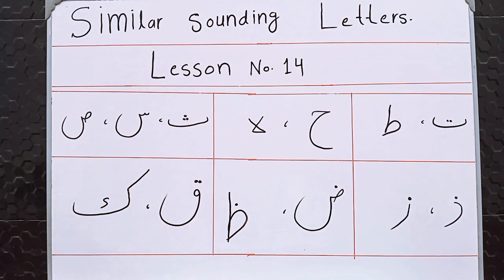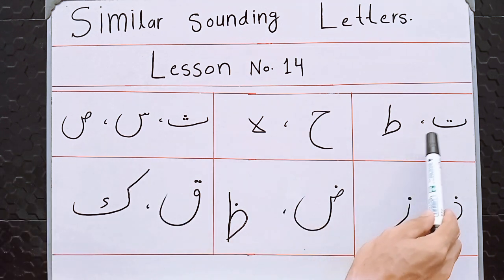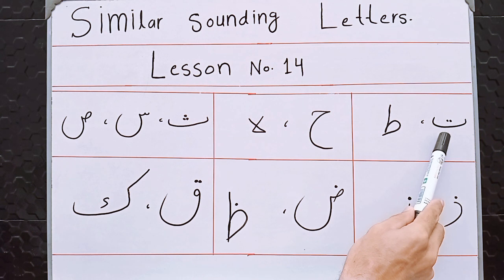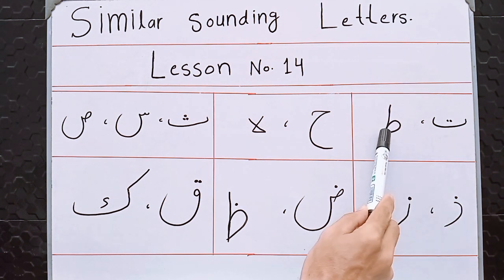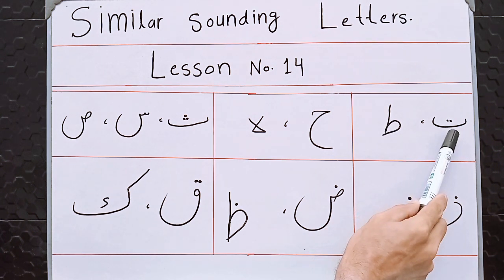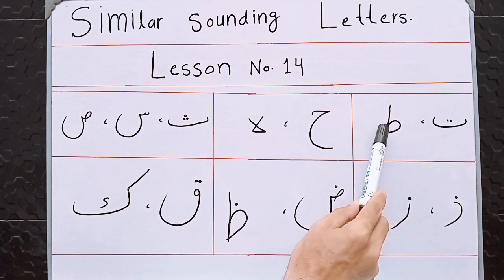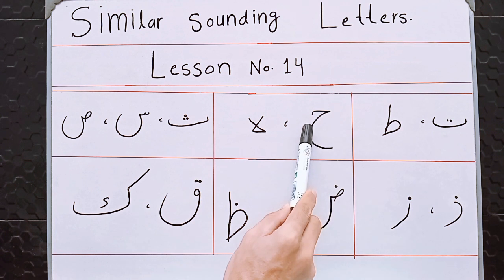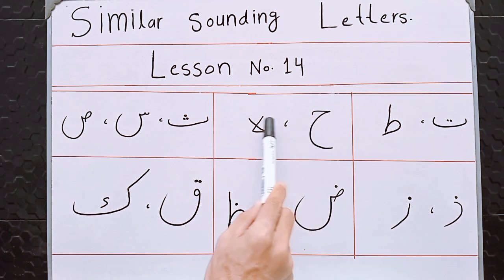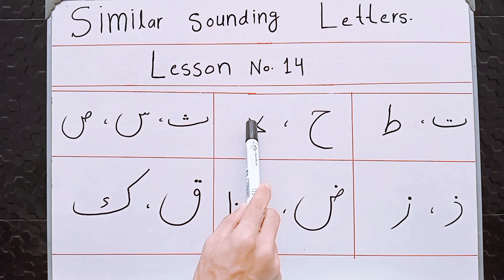So my brother and sister, now I read again, so you should look at me, look on the screen and repeat after me. Ta, with a light sound, and to, with a bold sound. Ha, with a bold sound, ha, with a light sound.